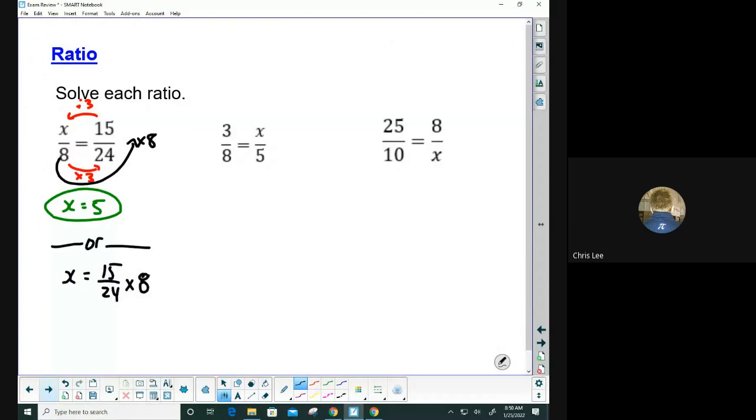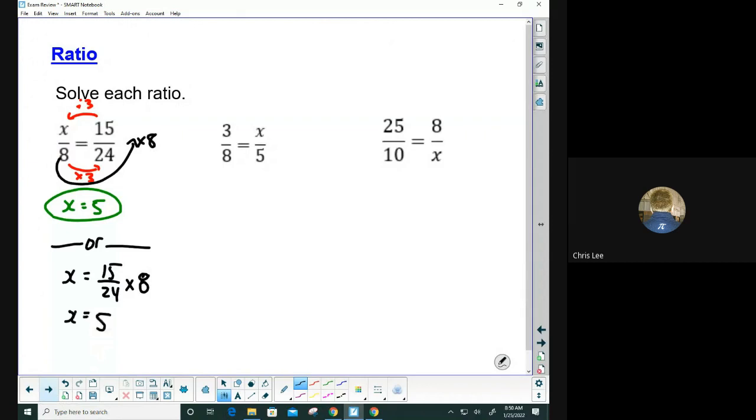So let's just punch that in our calculator right now. Doesn't take long to go 15 divided by 24 times 8. And what do we get? 5. Write this down. And we get 5 as well?